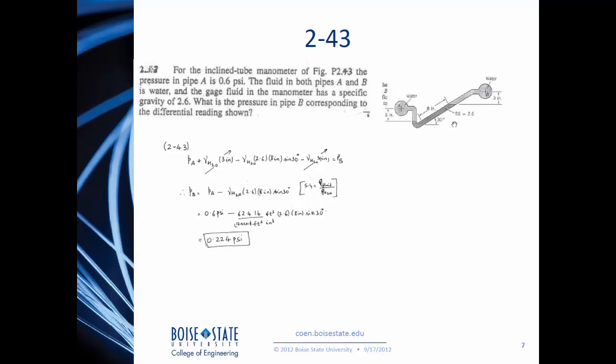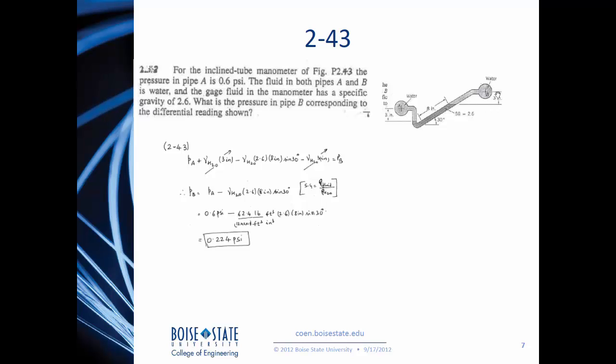And remember, we always consider the heights, not this length. Times sine of 30 degrees, which is the angle given, will give us the height. So from here to here is 8 inches times sine 30. And then we stop here, and you can see that again we are interested in the height of water.